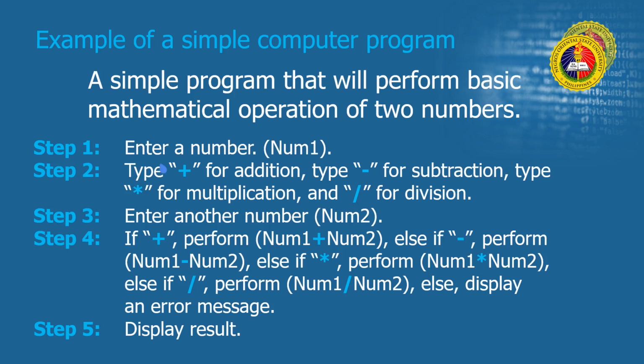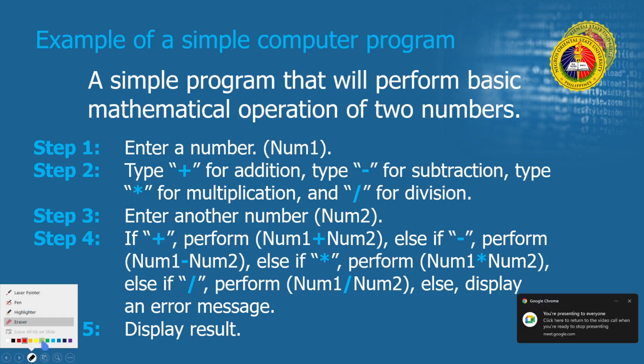So this is how we're going to give instruction to the computer in computer programming. Step 1 is enter the number. So for example, our first number is, my favorite number na ko, 29. Okay, for example, the first number is 29. Then type plus for addition, type minus for subtraction, type asterisk for multiplication, and type slash for division.